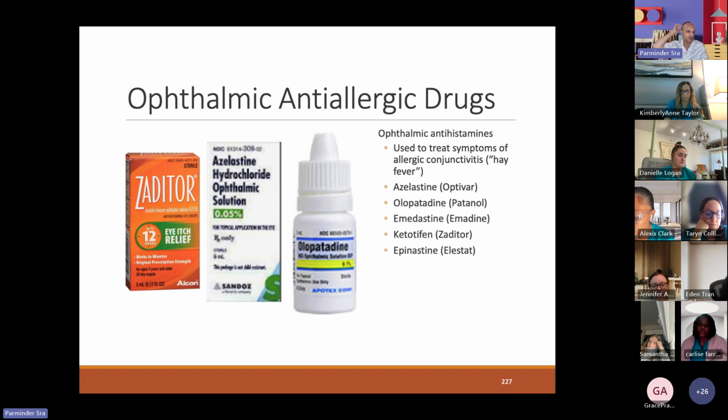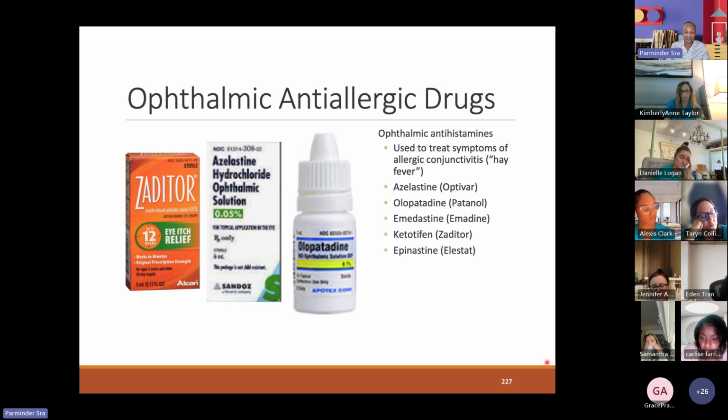Okay, and then comes your corticosteroids for short-term use only. Corticosteroids should always be short-term for inflammation, immune response. You need to suppress, and prednisolone is one of the common eye drops, your Pred Forte, very common use. And your NSAIDs, like your ketorolac, brand name Acular, very commonly used.